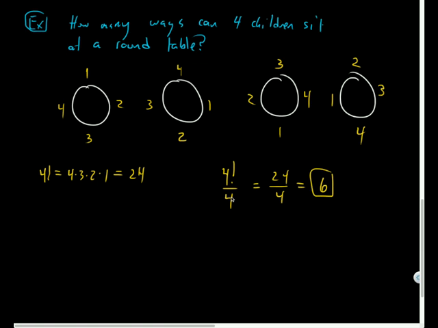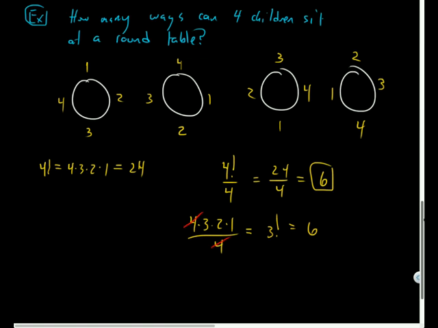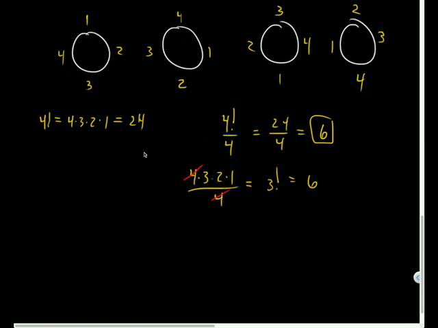Another way I could think about this, 4 factorial divided by 4, is 4 times 3 times 2 times 1 over 4. And you can see that these cancel out, and it is in fact the same as just 3 times 2 times 1, or 3 factorial, which is 6. So that turns out to be the case for circular permutations.